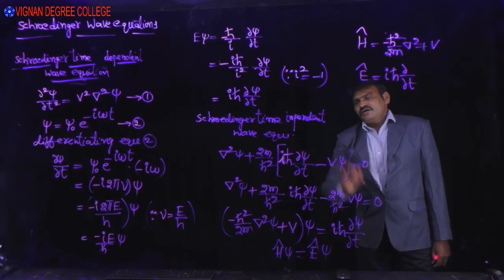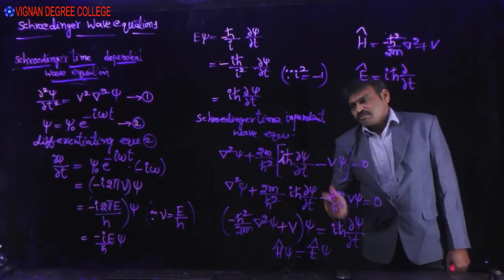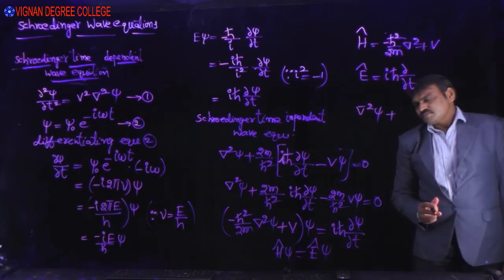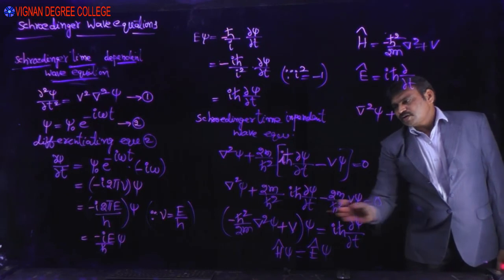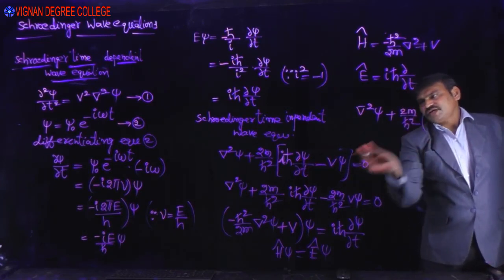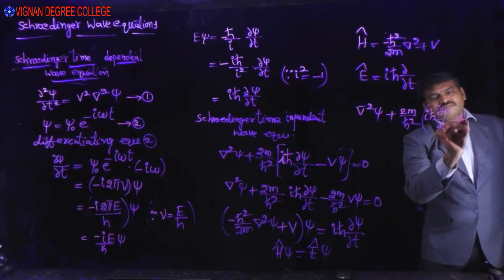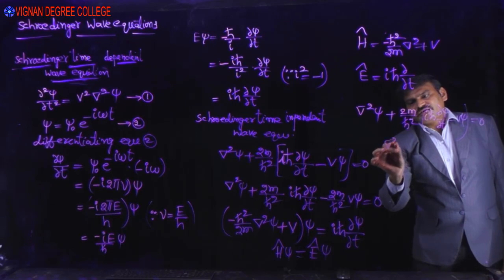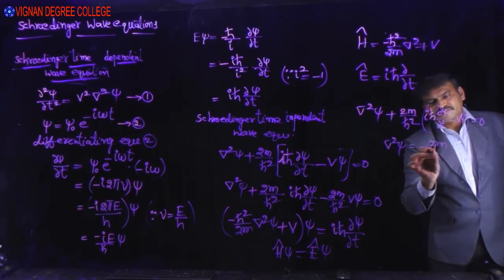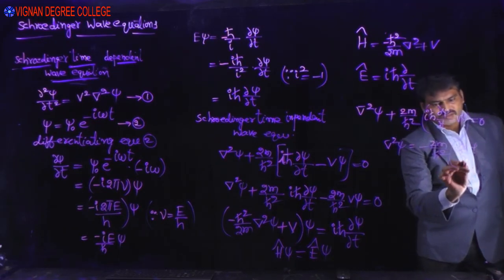The Schrödinger time dependent wave equation can be obtained by eliminating Eψ. ∇²ψ + (2m/ħ²)(Eψ − Vψ) = 0, with Eψ = iħ ∂ψ/∂t. So ∇²ψ = −(2m/ħ²)(iħ ∂ψ/∂t − Vψ).